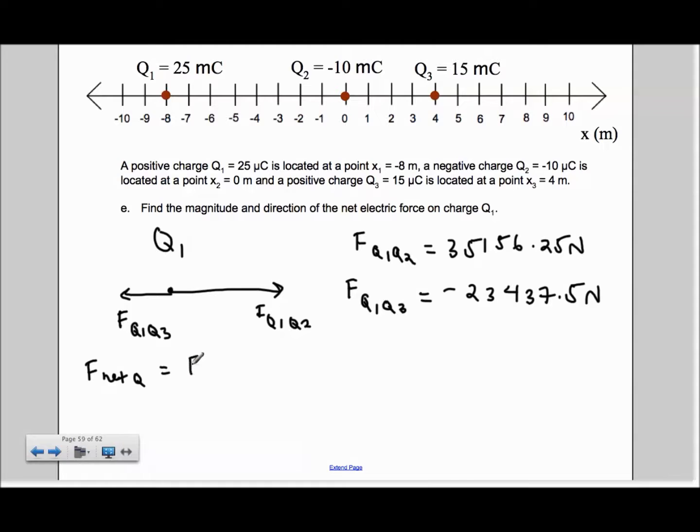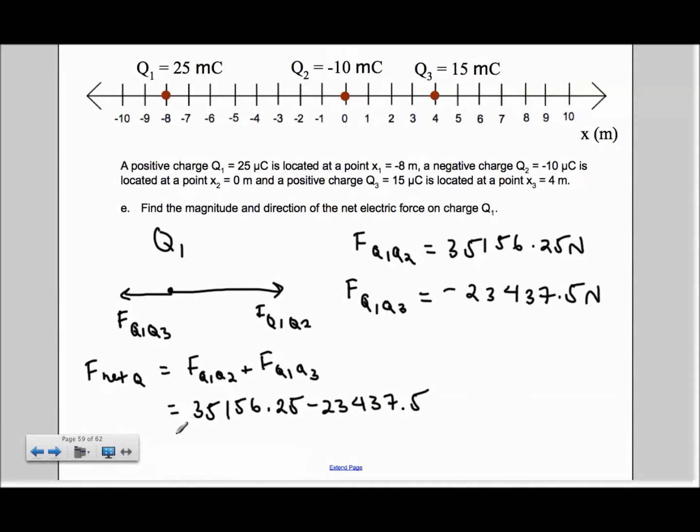So in order to find the net electric force, we use the equation force on Q1 due to Q2 plus force on Q1 due to Q3 is equal to net electric force on Q1. So 35,156.25 minus 23,437.5 is equal to net electric force.